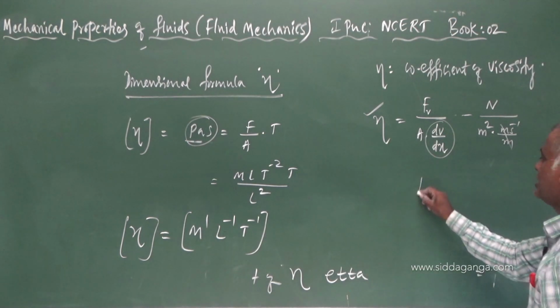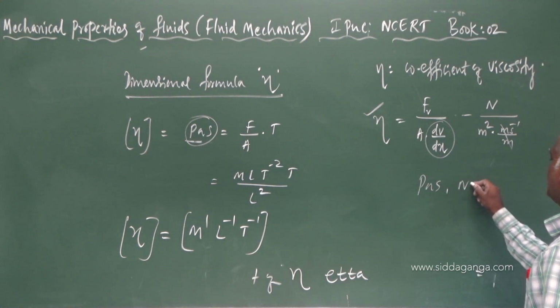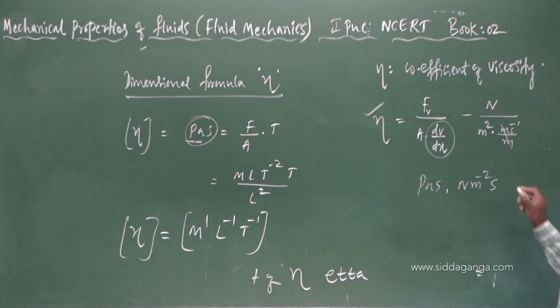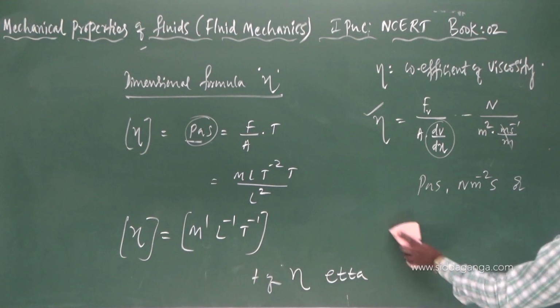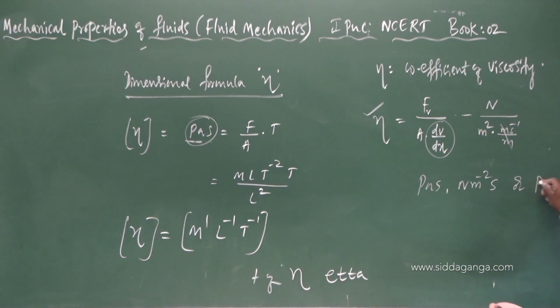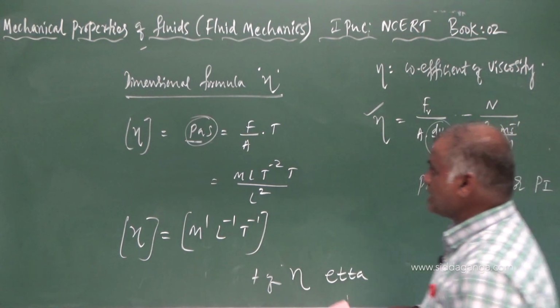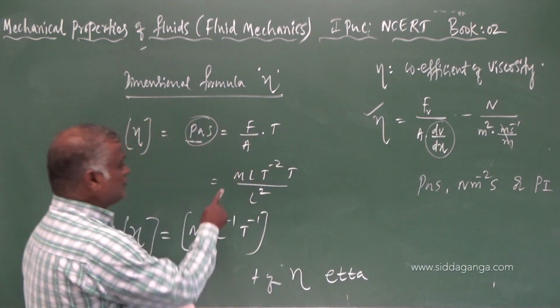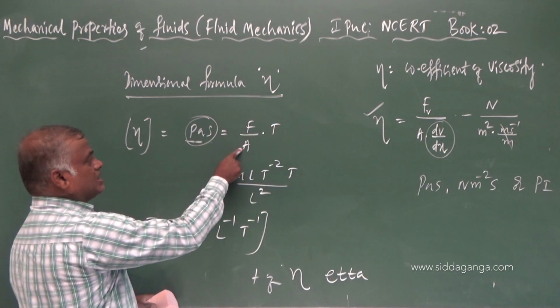So the SI unit is Pascal second, Newton per meter square into second, or Poiseuille. It is denoted by letter Pl. Dimensional formula is Pascal, force by area into time.